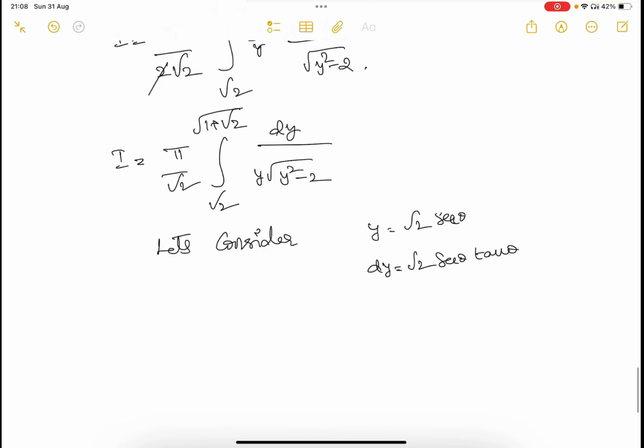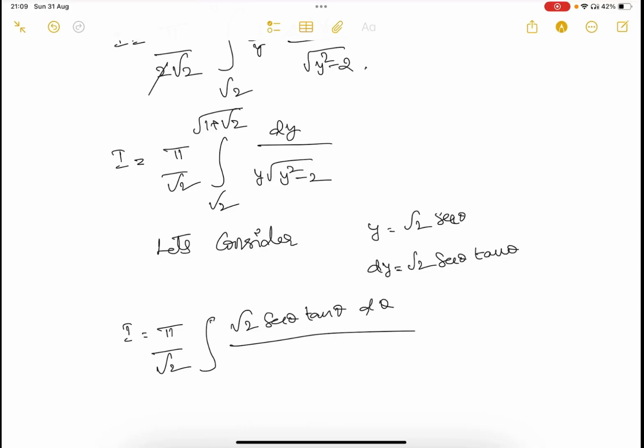So then let's proceed. I equal to pi by root 2 into integral dy is root 2 secant theta tan theta d theta by y is root 2 secant theta.